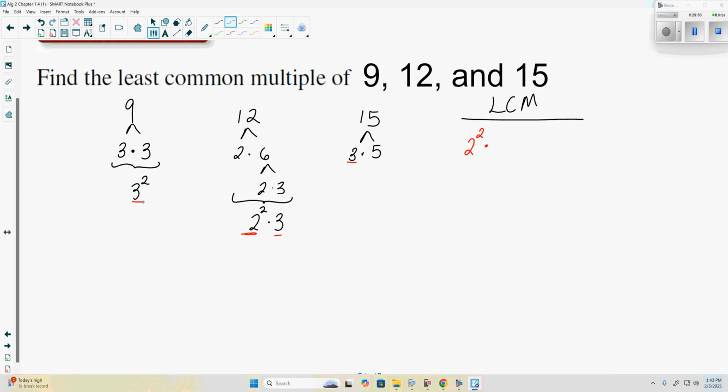Which one of these has the most? 9, and it has 2. So for our least common multiple, we'll need 2 3s. And the last factor we have is what? 5. It only shows up once, so we'll need it once.